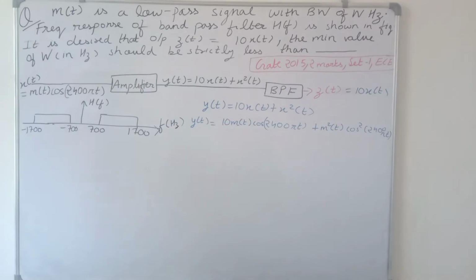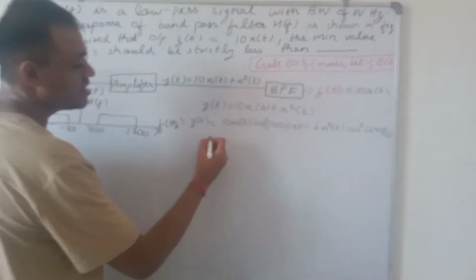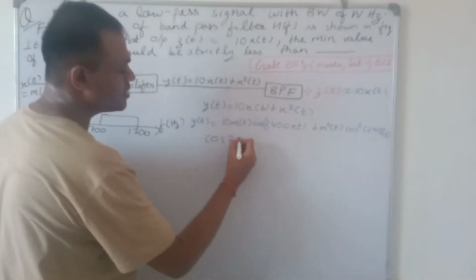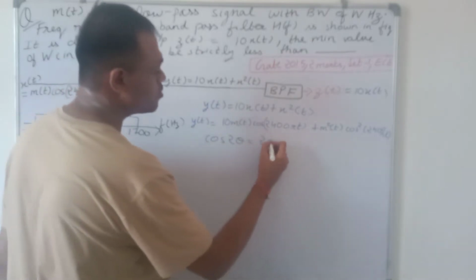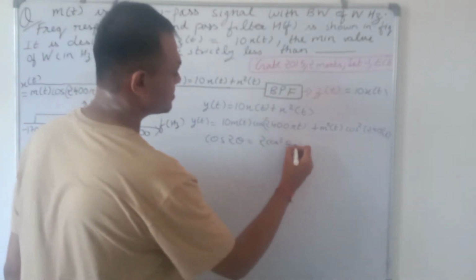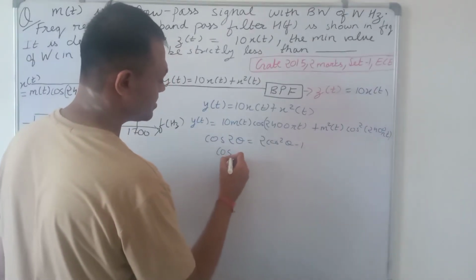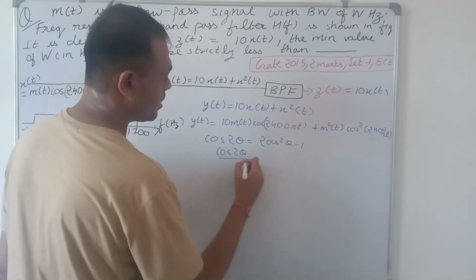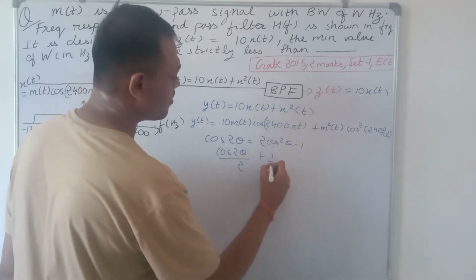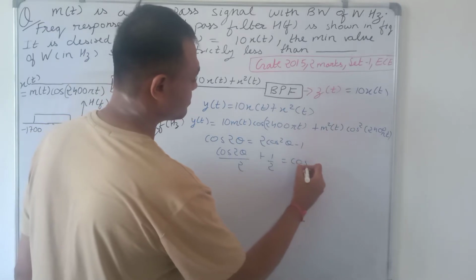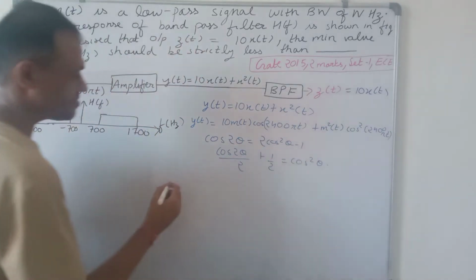Now we can use the formula cos 2 theta equal to 2 cos square theta minus 1. So cos 2 theta upon 2 plus 1 upon 2 equal to cos square theta. So we can write that here.